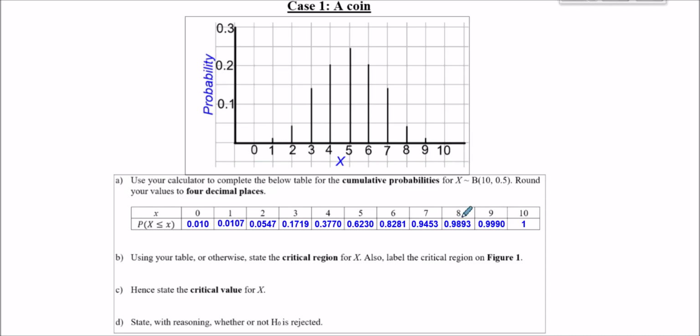However, if we just look here, where x is 8, what this means is, if we remember, this tells us the probability that x is up to and including 8, which is obviously 0.9893, that's the chance of everything minus the probability that x is 9 or greater.